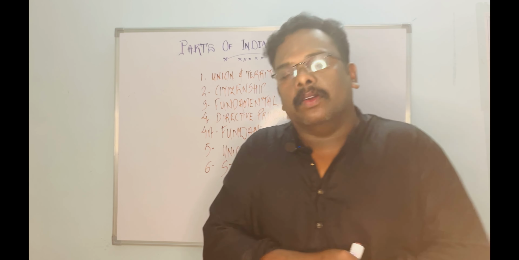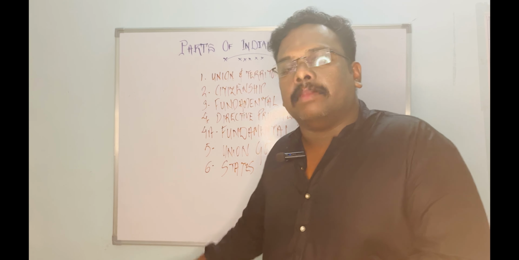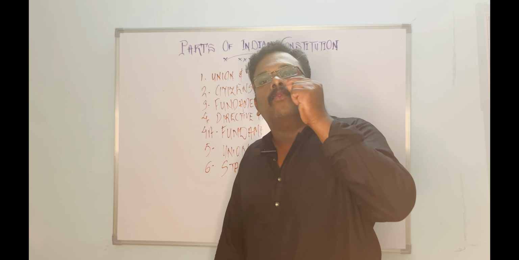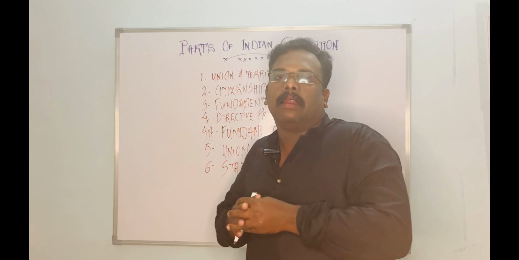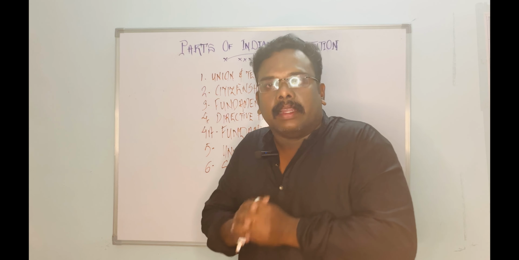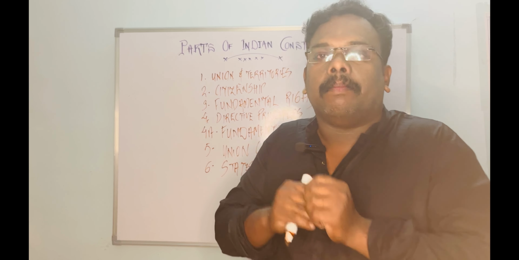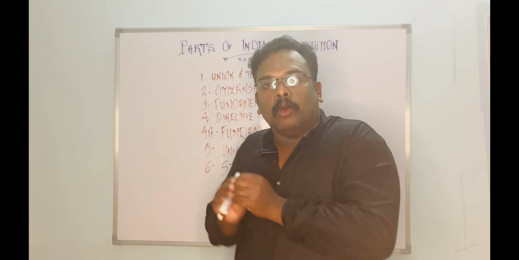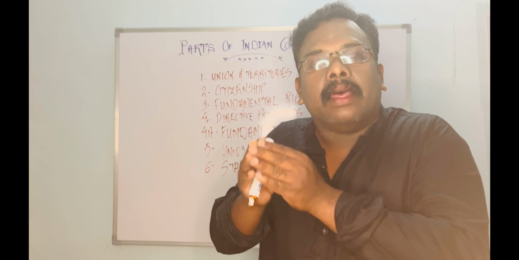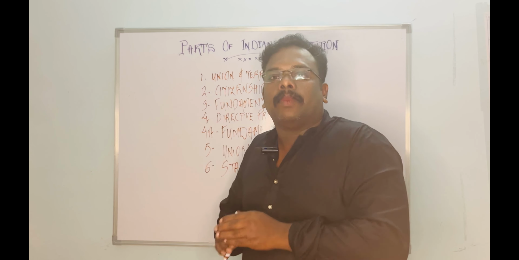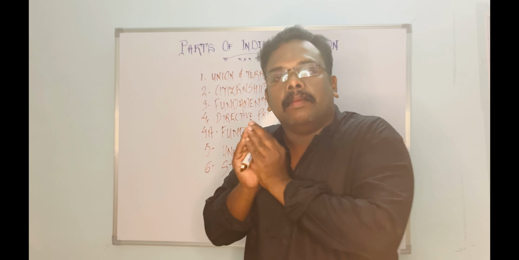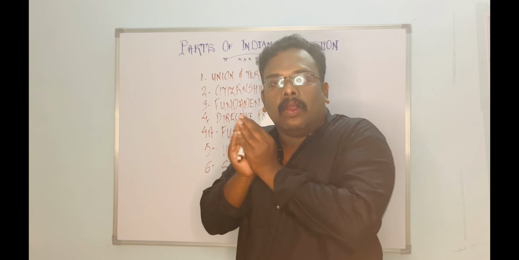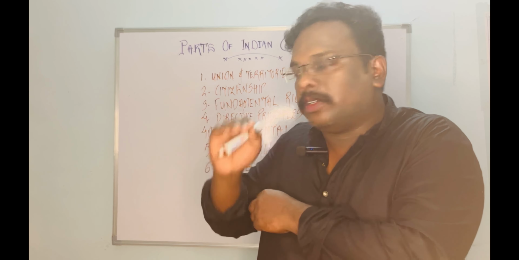Initially, I told you about the removal of one part from the constitution. Only one part has been deleted from our constitution so far. It's easy to remember. The part which got removed is part B, states. So you can easily remember it forever. Part B, states, got removed from the constitution.